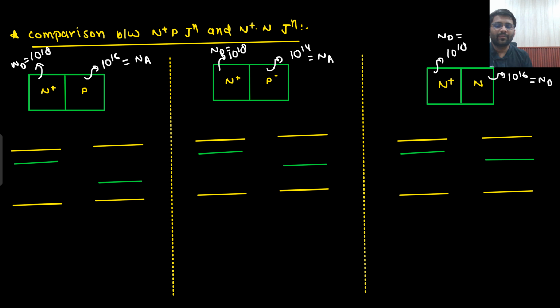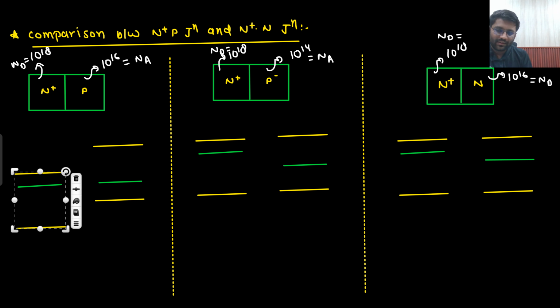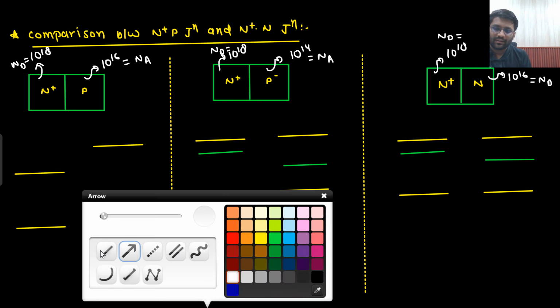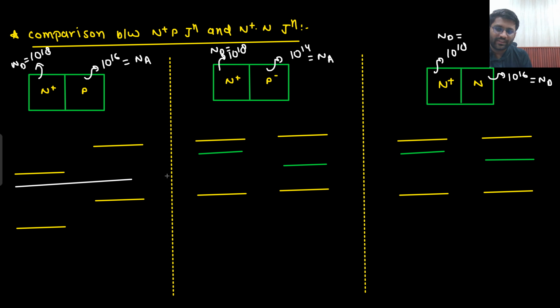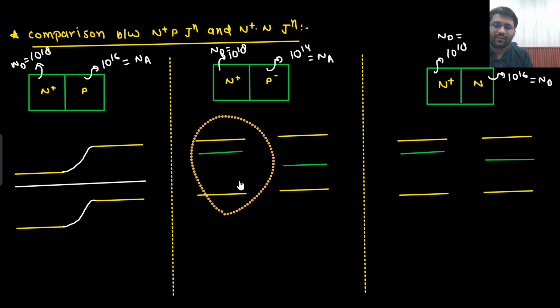So under equilibrium, what will happen? Sir, under equilibrium, both of the Fermi levels will align. So both of the Fermi levels will align. This will be the scenario. The conclusion is important. Whatever conclusion that I say, that is important. So no current would flow under equilibrium, but whatever conclusion that I am going to make, that is important for you. Here also the same scenario would happen.